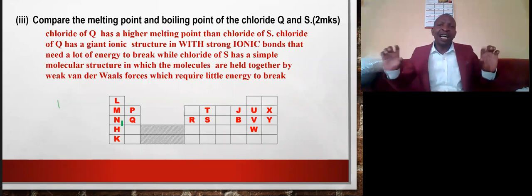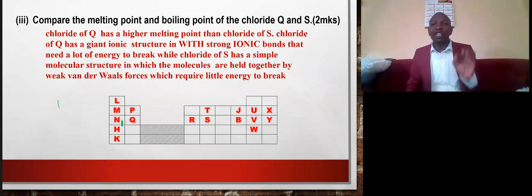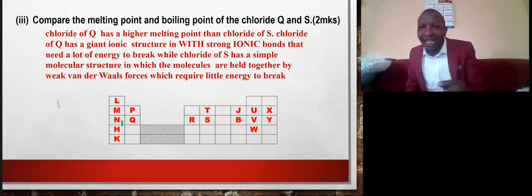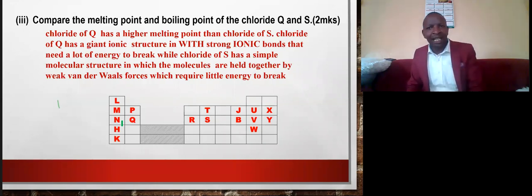But if they are in the same period, you don't go for the atomic radius. You go for what? The number of electrons. Number of delocalized electrons. The more the delocalized electrons, the stronger the metallic bond.